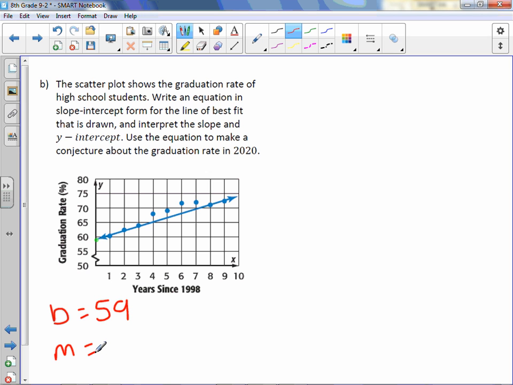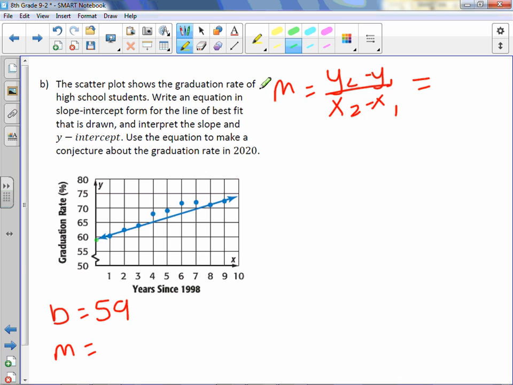Our slope can be found by the change in y over change in x. We need to pick 2 points. I would say there's a point right here at 4,65, and another point right here at 7,70.